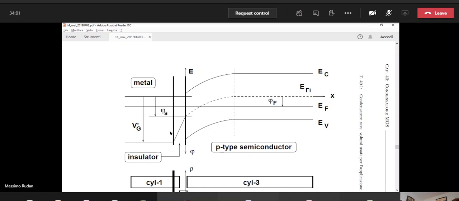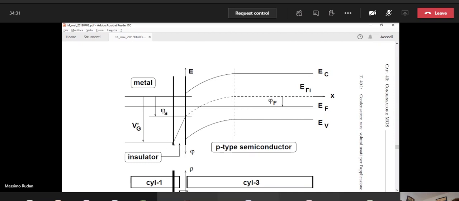So we have a linear behavior of the electric potential. You see that we have an angle when we cross the interface between metal and insulator, okay? So the angle means that the electric field is discontinuous.